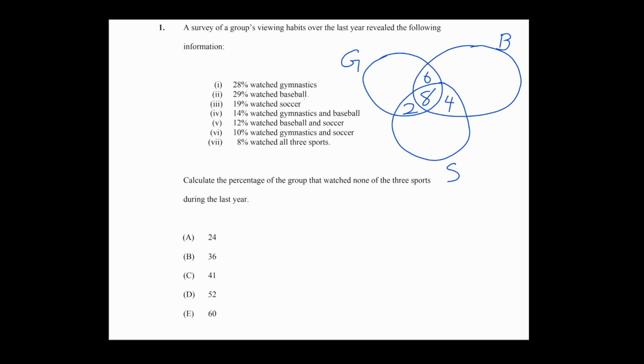And then let's go with 28% watched gymnastics. So 28% of people are in this circle here. But we already have people who have watched soccer as well. They have watched baseball and soccer, and they have watched soccer. So we want to find the number of people who have only watched gymnastics and nothing else.